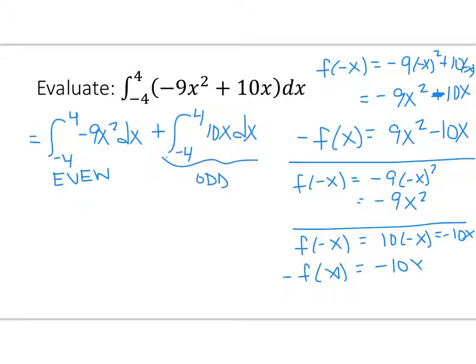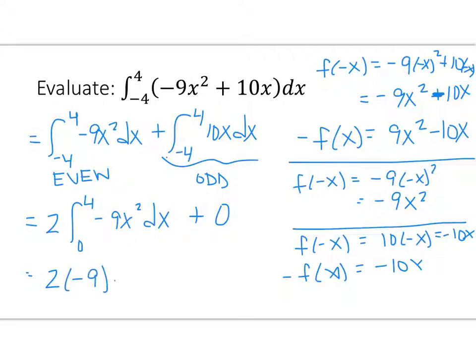So now when I evaluate, this is 2 times the integral from 0 to 4 of negative 9x squared dx plus 0. So now I have 2 times negative 9. X squared becomes 1/3 x to the third from 0 to 4.